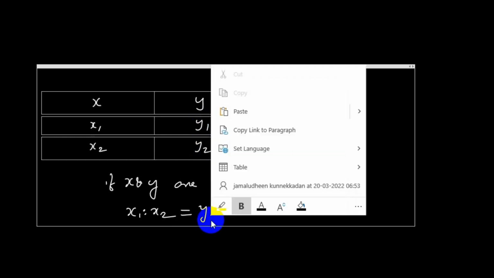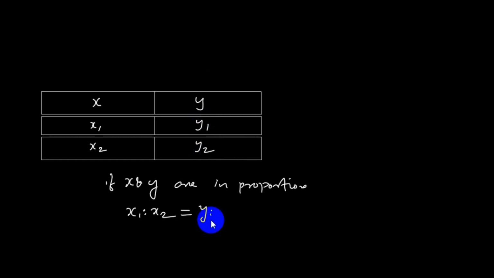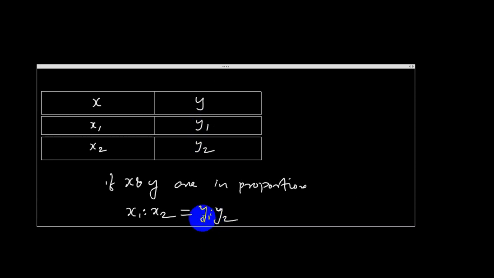It is one of the important results that we have understood now. See, Y1 is to Y2. The ratio between these two values will be equal to the ratio between these two values. That is X1 is to X2 equal to Y1 is to Y2. If X and Y are in proportion, X1 is to X2 equals Y1 is to Y2. You have to draw such a table and this result in your notebook. Now we have to apply this result to solve some textbook problems.